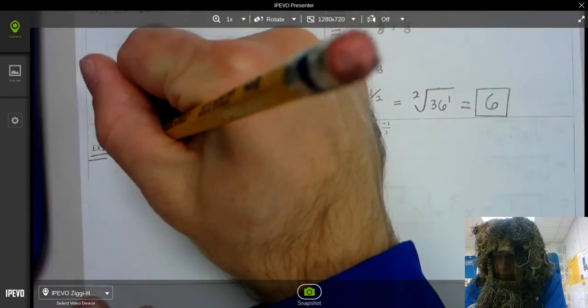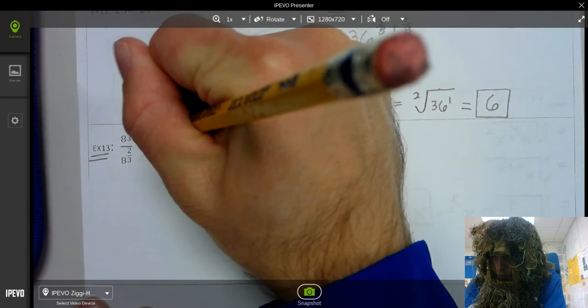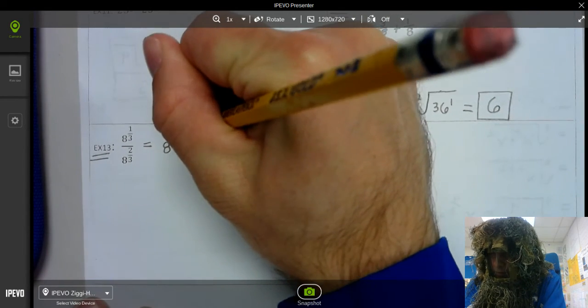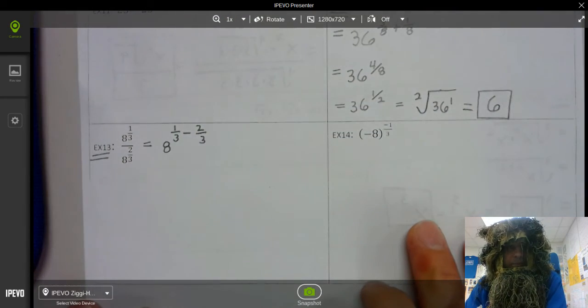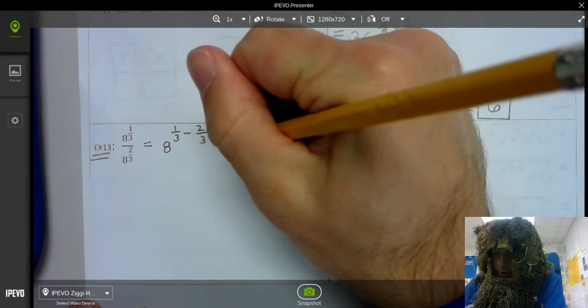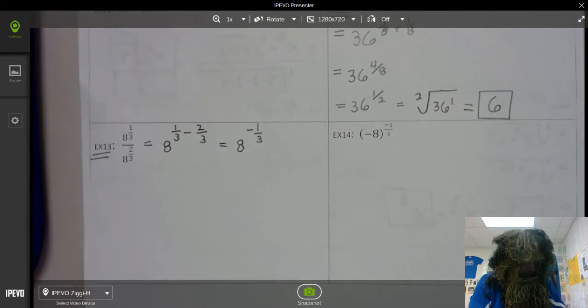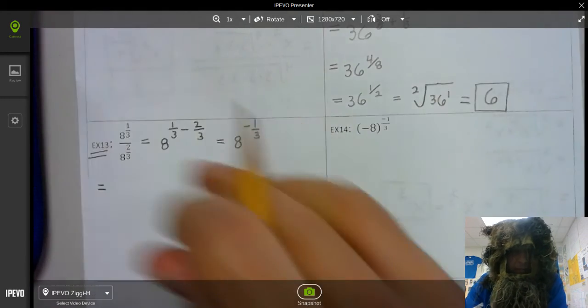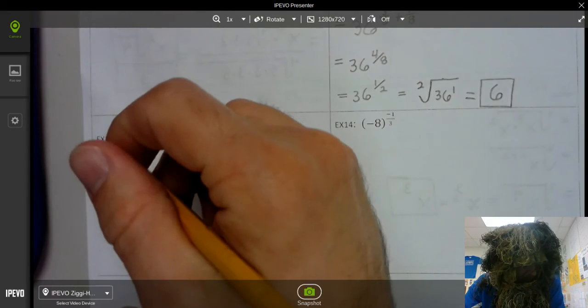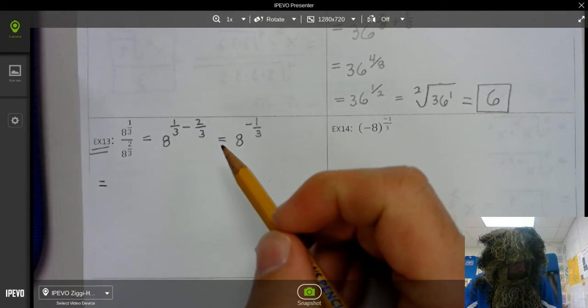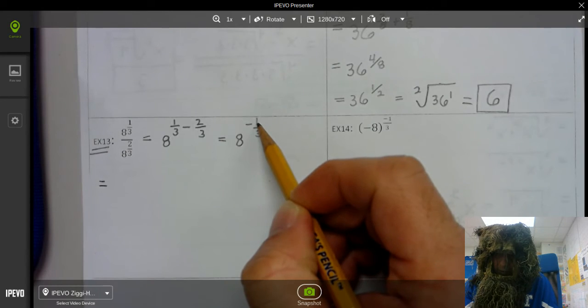So that is equal to 8 to the 1/3 power minus 2/3, which is equal to 8 to the negative 1/3 power, which is written as, whenever you have a negative exponent, it becomes positive in the denominator.